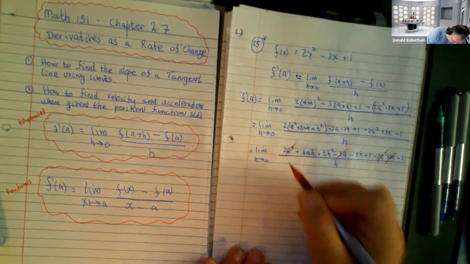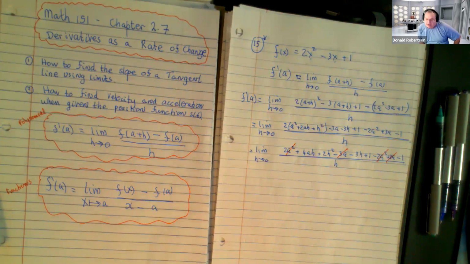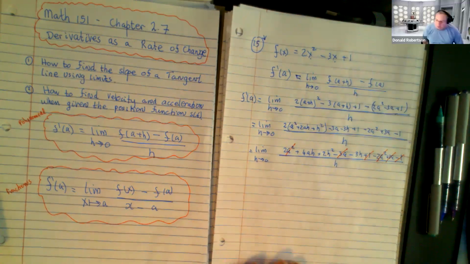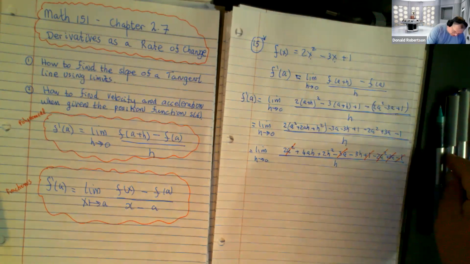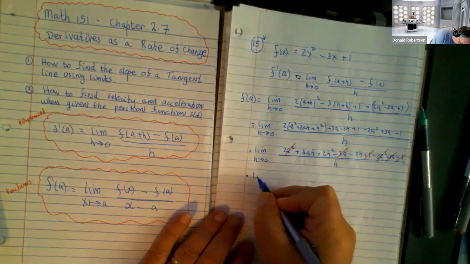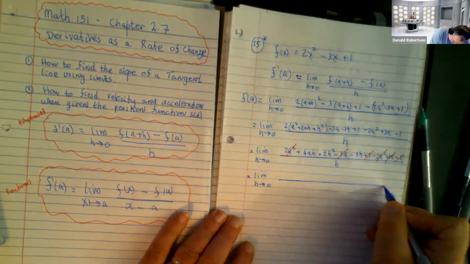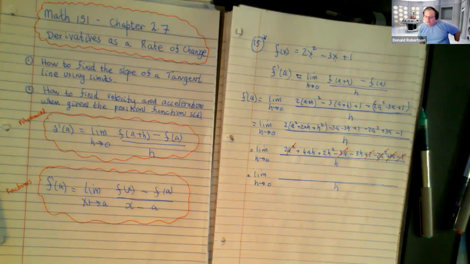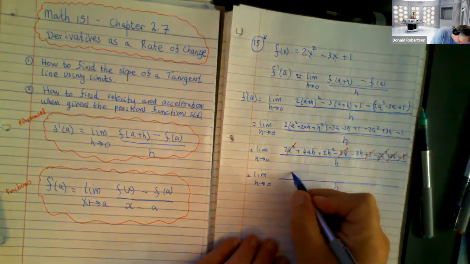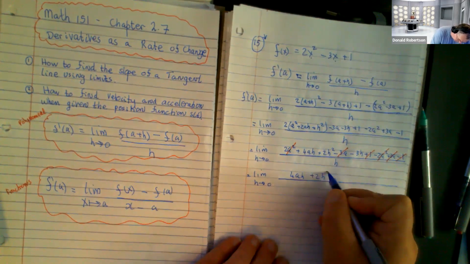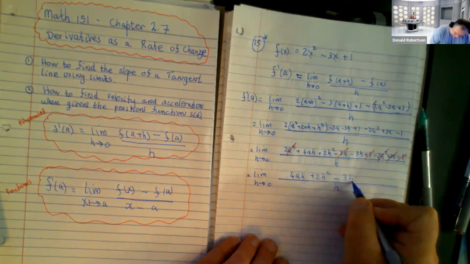That one gets killed by that one. Anything else getting killed here? 1. That's a pretty violent war, wasn't it? A lot of things get killed. I think it's because I'm from Scotland and we tend to think of things in terms of violence. So here it goes. I have that guy left, that guy left, and that guy left.